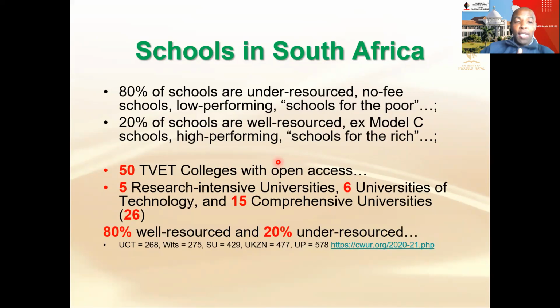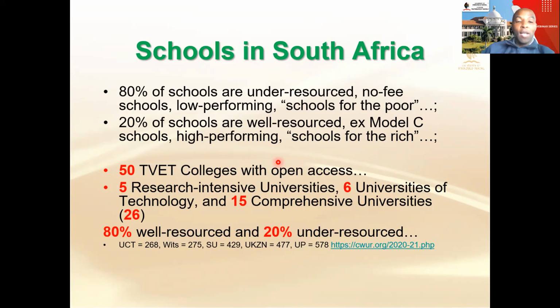These categories were clear because even today approximately 80% of our schools are under-resourced. These are no-fee schools, with lower performance, and poor schools that are running short of resources. Resources may be human resource or technical resource.